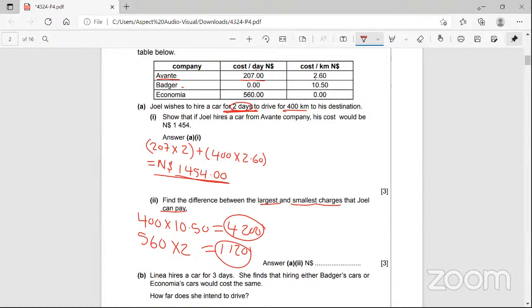Therefore the difference will be 4,200 minus the smallest, which is 1,120.